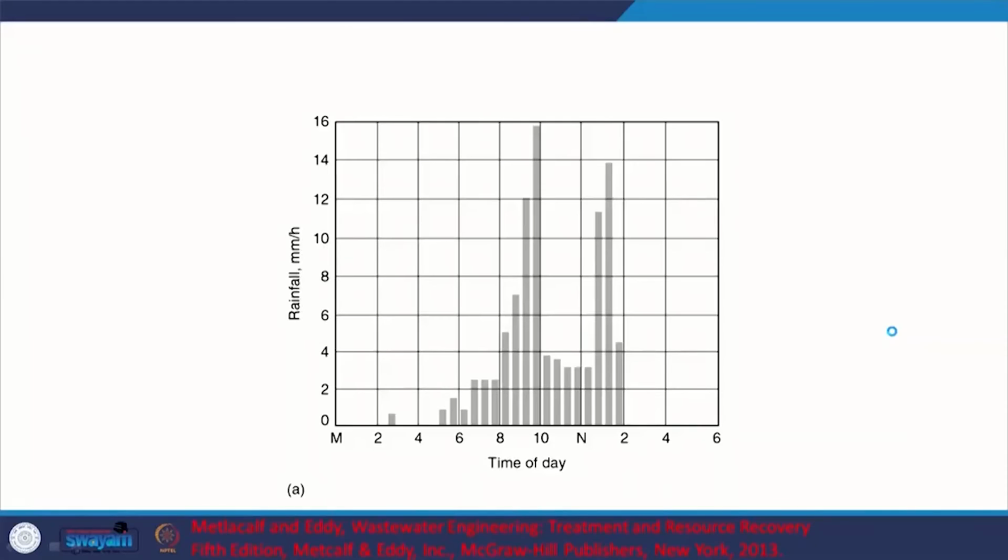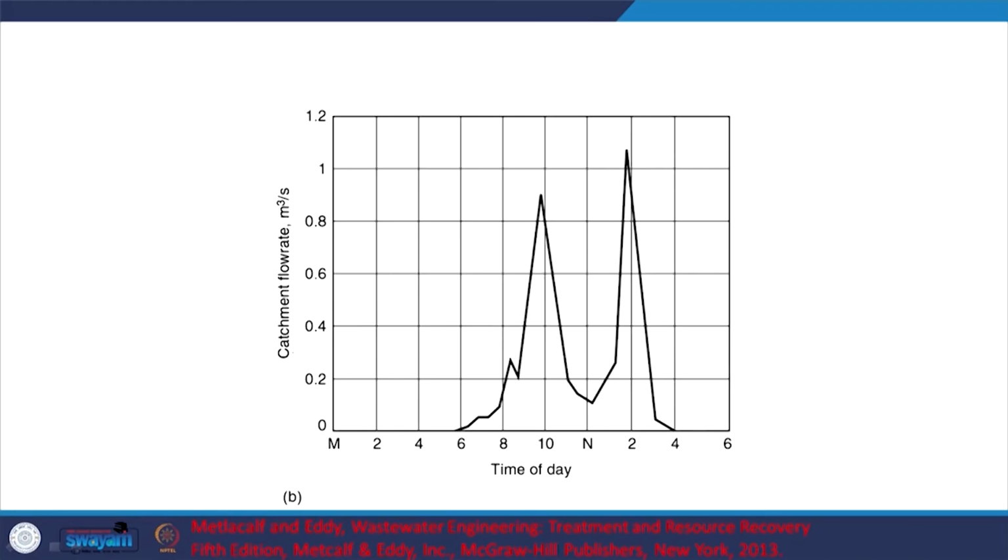Let's move on. With respect to rainfall, here we have a hyetograph: rainfall against time of day, how much rainfall in millimeters per hour. So we have considerable rainfall around 10 AM and then again around noon. If you look at the hydrograph, where we have the catchment flow rate, we see almost a similar profile being captured.